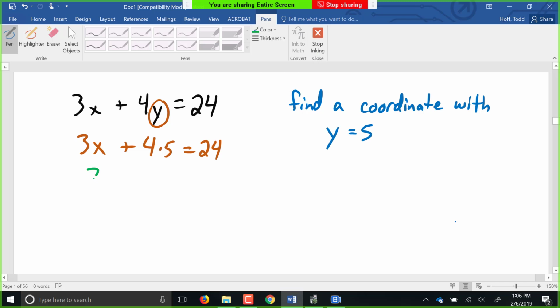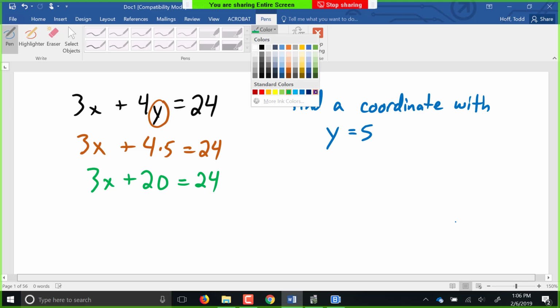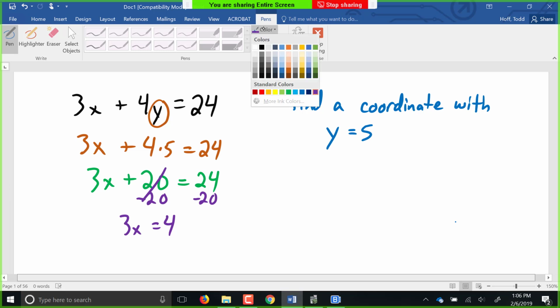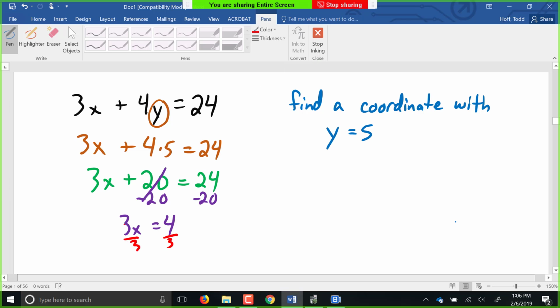So this becomes 3x, as you said, plus 20 equals 24. What do we do next? Subtract 20. Gives us 3x equals 4. And then divide by 3 to get x is 4/3.